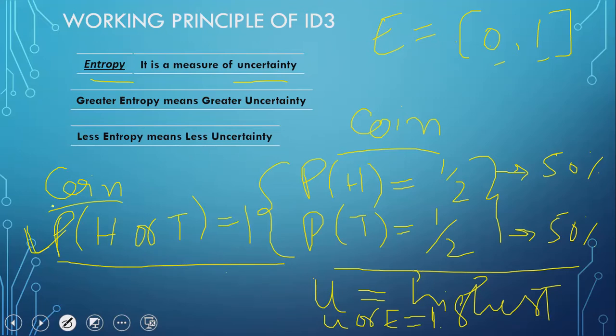So the uncertainty for this event is minimum, or we can say the entropy is equal to 0. That means our uncertainty is 0, which in other words means our surety is high. From this you might have got a clear idea about entropy.